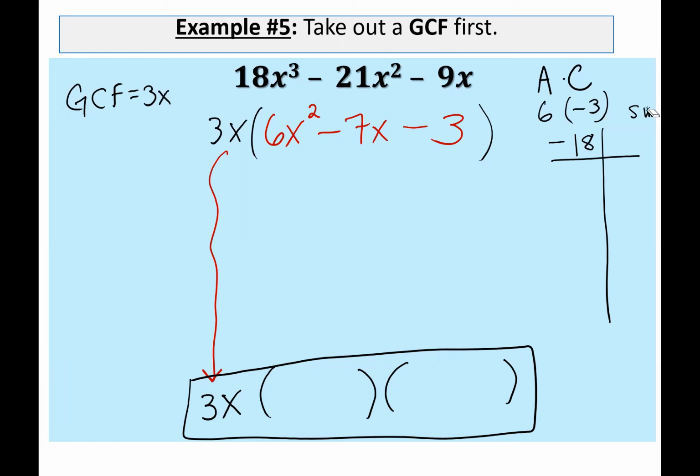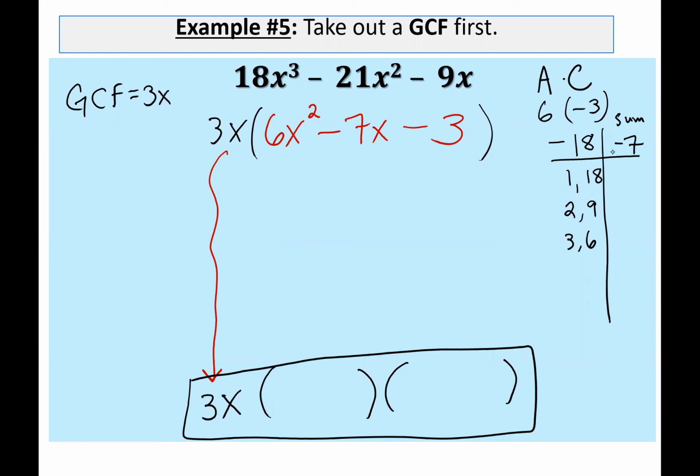All right. So go ahead and start listing those factors of negative 18. And again, I want my sum to be negative 7. Okay, so 1 and 18, 2 and 9, 3 and 6. Those are my factors of 18. And then I need to worry about signs for this one. If I'm going to multiply to a negative, the signs need to be different.